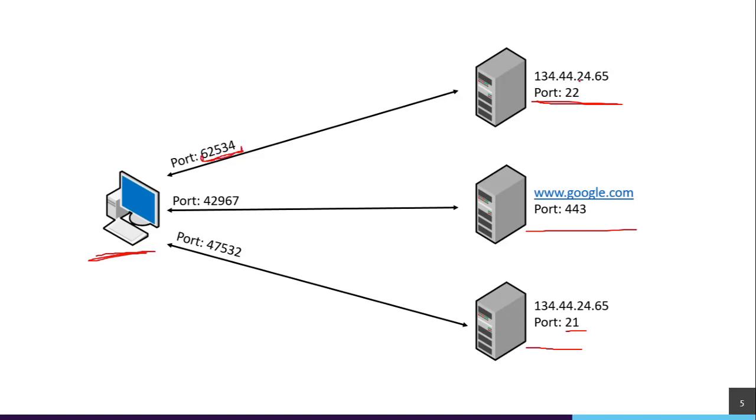So when the response comes from the SSH port 22, it knows to redirect it to the service that's running on this port on our machine. And the same goes for Google. When the response comes back, it's going to redirect it to the service that's running on this port on our machine, and the same goes for any other service like FTP.